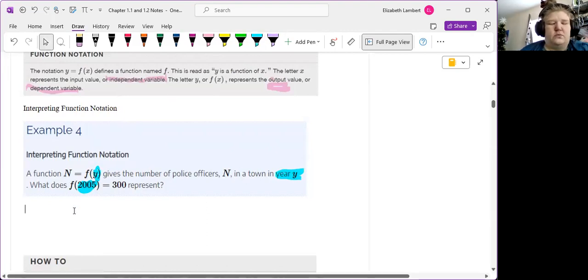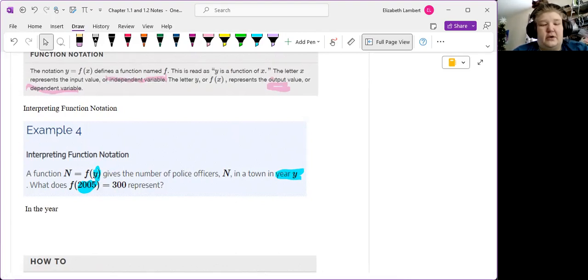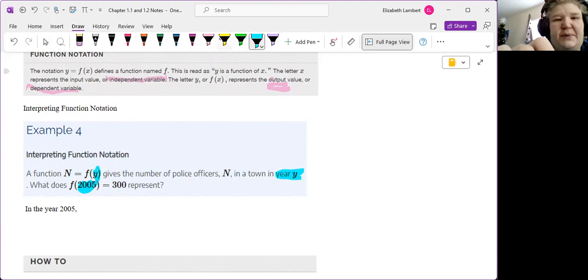So in the year 2005, and then f of y equals n equals 300. So that 300 is an n number. I go find my n, and it tells me it's the number of police officers. And then it goes on to say in a town.